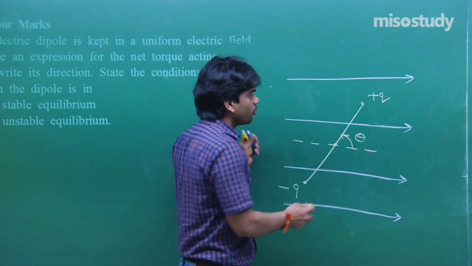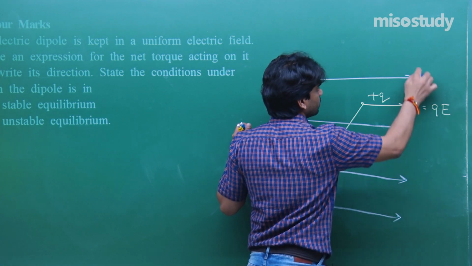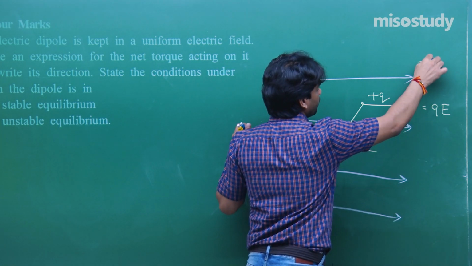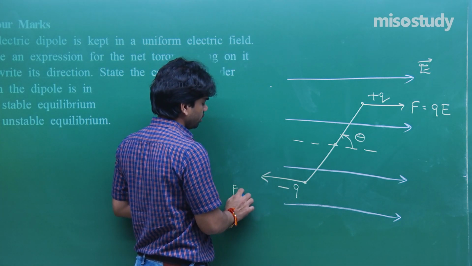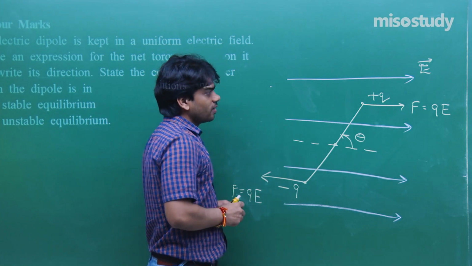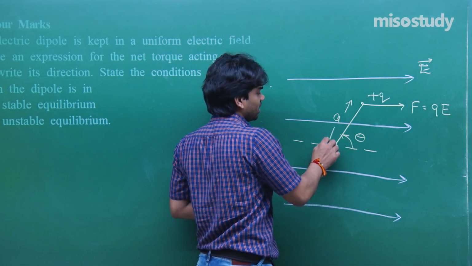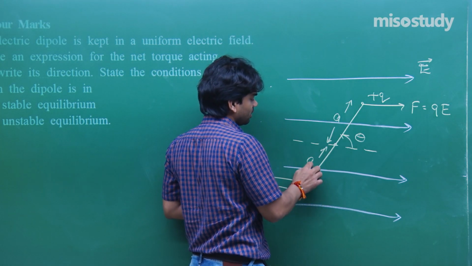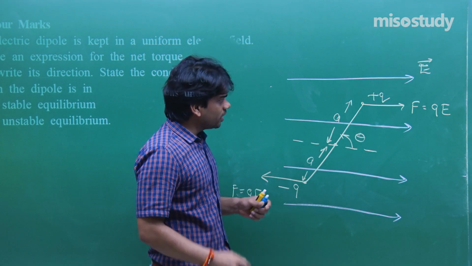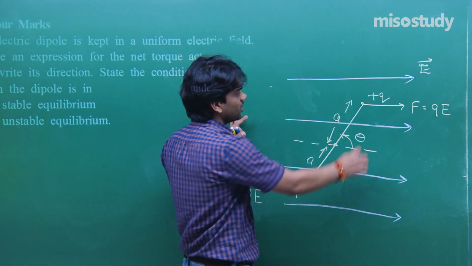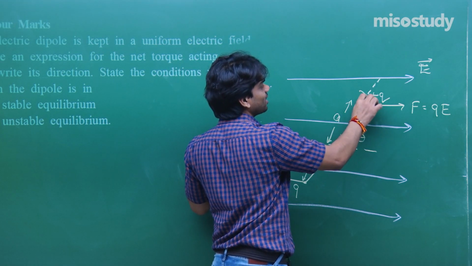Force acting on this is F equal to QE, where E is the value of electric field. Dipole's length, let's say A is half length. Force acting we got as QE, and the torque due to each of the forces you can easily evaluate. We have already done this in our regular class.